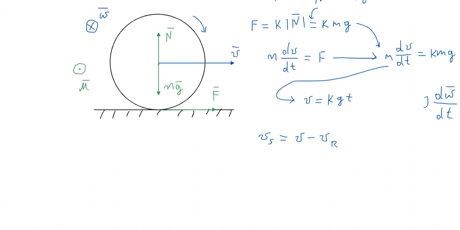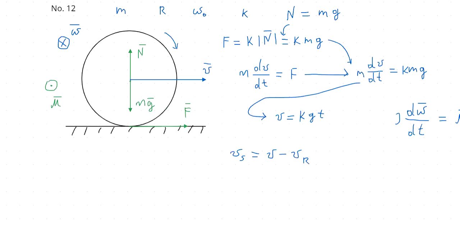It means that the directions of omega and the moment of force of friction are opposed to each other.